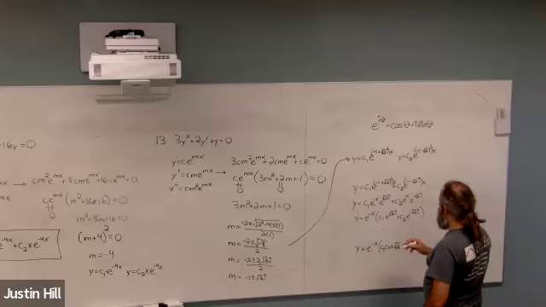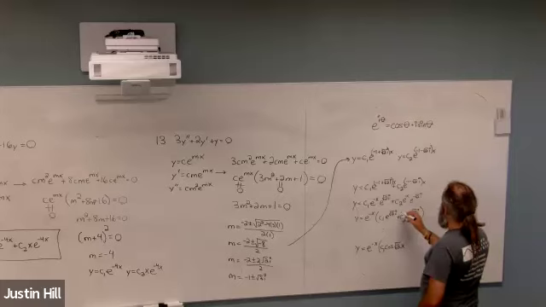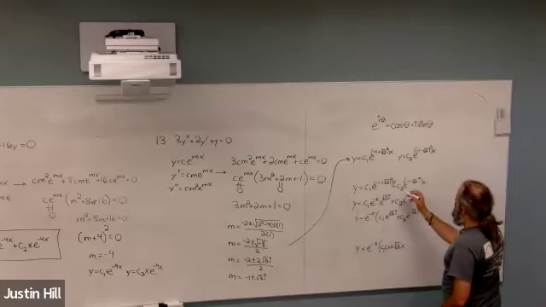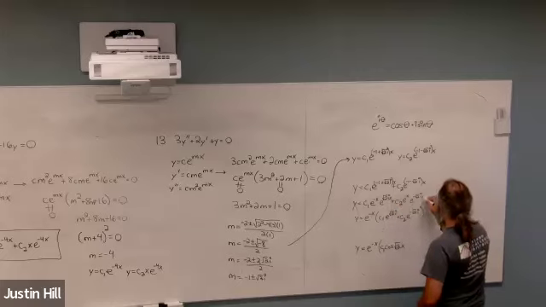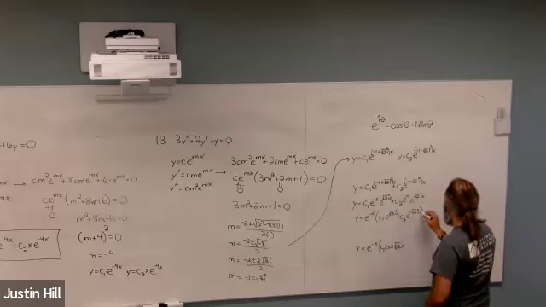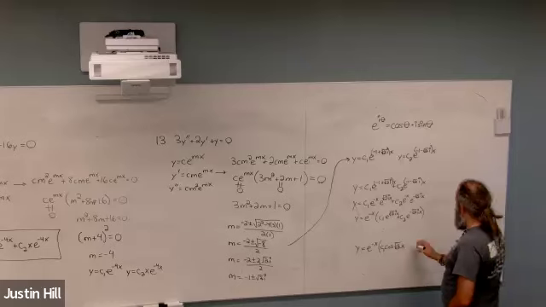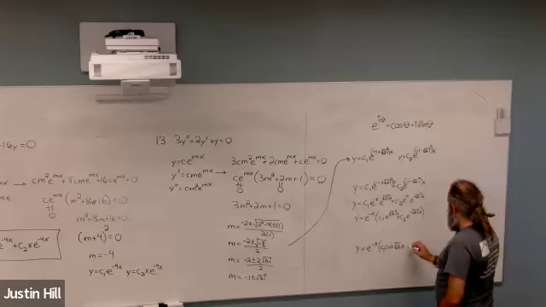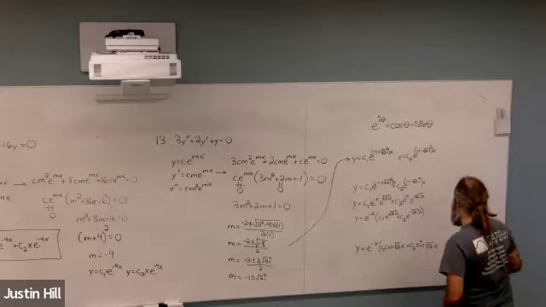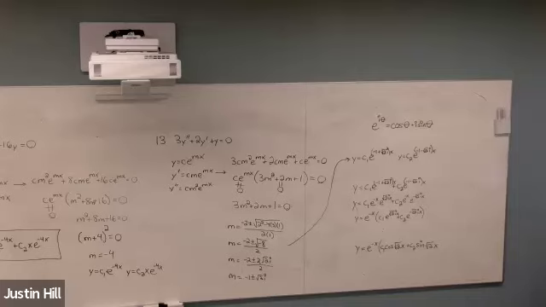Sorry. These also would have had x's, by the way. Missing a bunch of things. Sorry, that should have had an x, that should have had an x, that should have had an x. So you end up with cosine of square root of 2x plus c2 sine square root of 2x, although I think actually that one has an i on it.